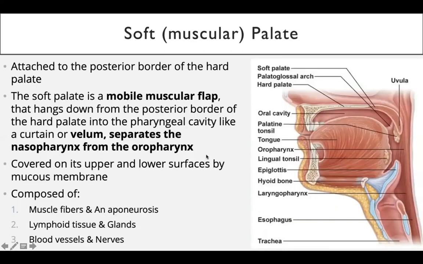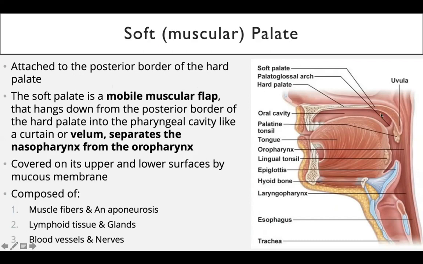Okay, now we go for the soft muscular part. It is attached to the posterior border of the hard palate. Yes. So here is the muscular part, and the uvula. If you go to the diagram on the right side, this is the soft palate, and this looks muscular in comparison to this bony structure, the bony hard palate.